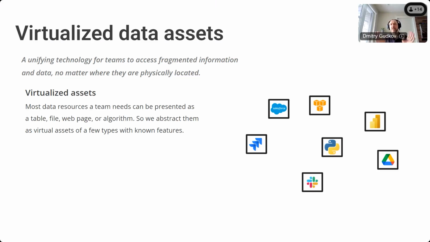Imagine we have multiple applications in use in an organization. But if you look closely at those applications, we will see that they can be generalized to just a few types, and we can present every system as a certain asset of a certain type.